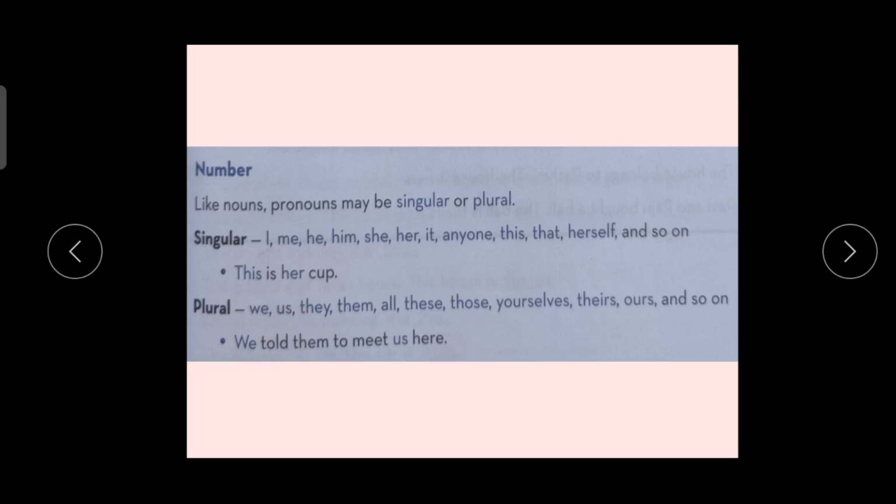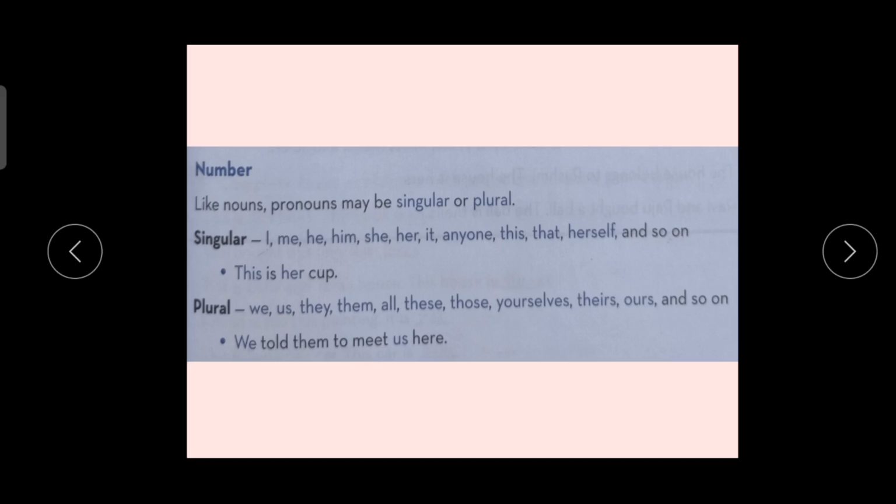We use we, us, they, all, these, those, yourselves, theirs, ours, and so on. If we talk about plural pronouns, we always use words like we, us, they, them, all, these, those, yourselves, theirs, ours, and so on.